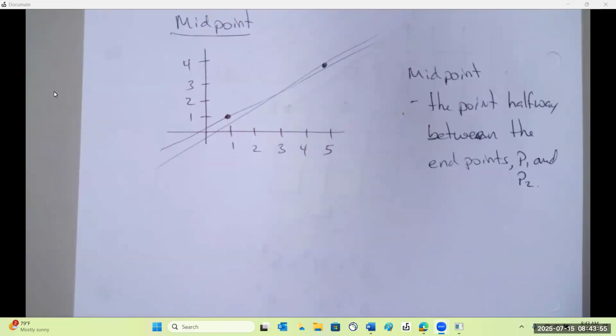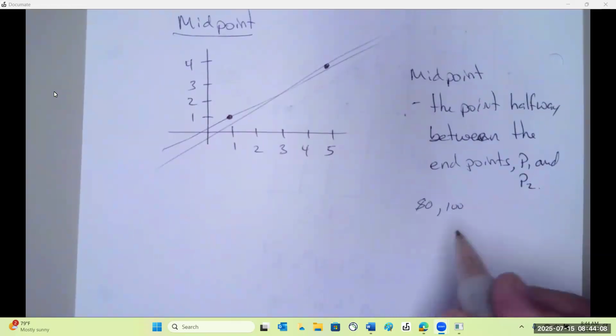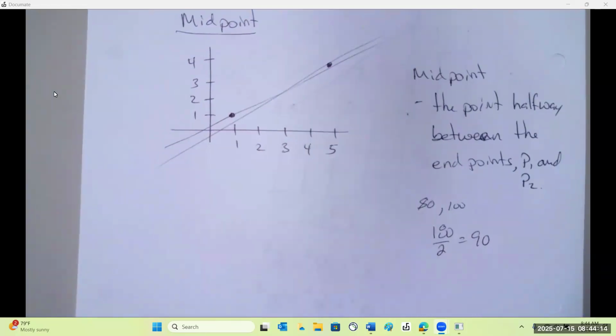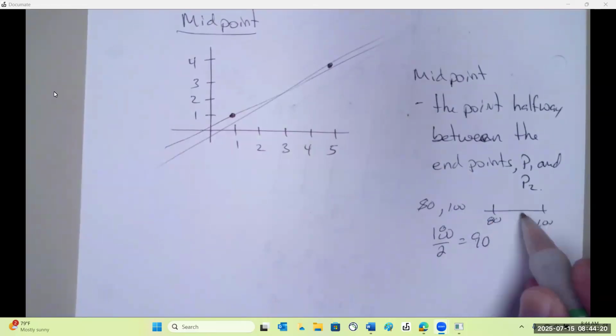If you took two tests and you made an 80 on one test and 100 on another test, what's your average? Yeah, 80 and 100. You add those together, you get 180. There's only two tests, so you divide by 2, and you get 90. That number is halfway between the two numbers, which is what the average is all about.